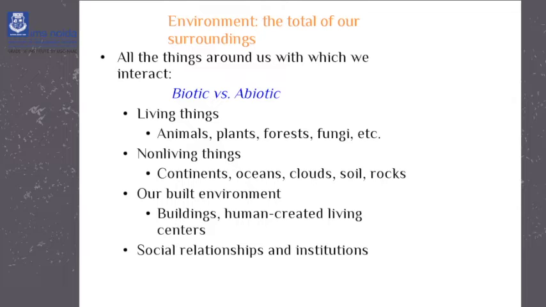Under the biotic environment there are floral and faunal environments, that is, plants and animals, whereas the abiotic consists of soil, rocks, landforms, oceans, continents, clouds, and we also have other factors, that is, social and cultural factors and psychological factors.